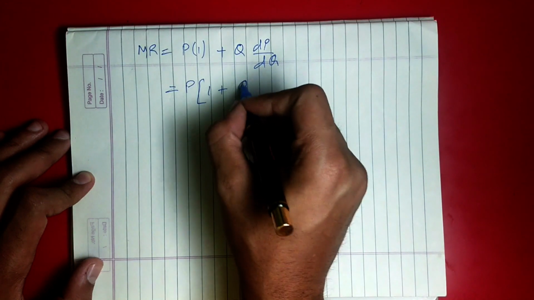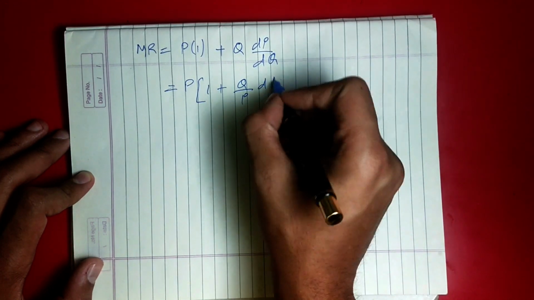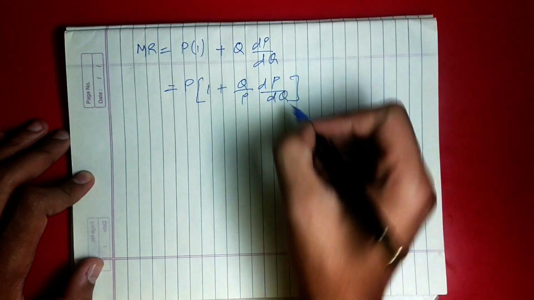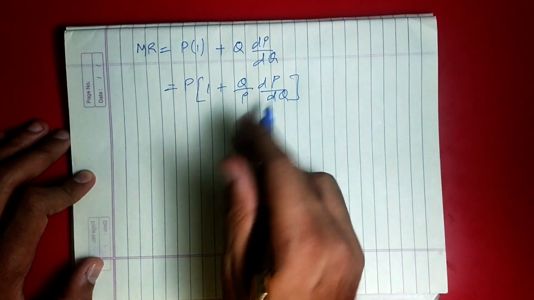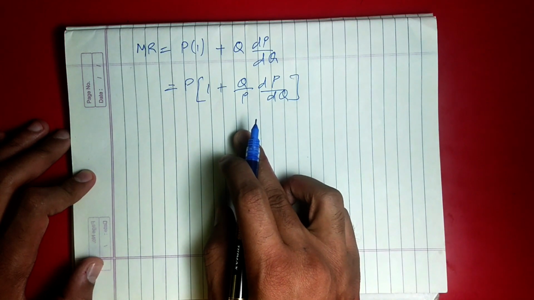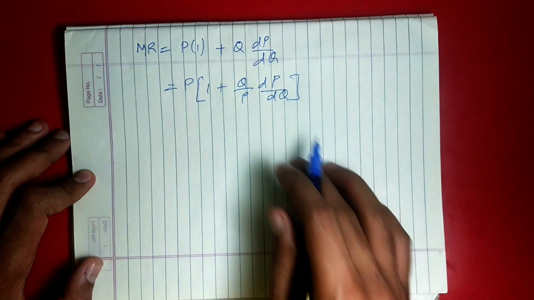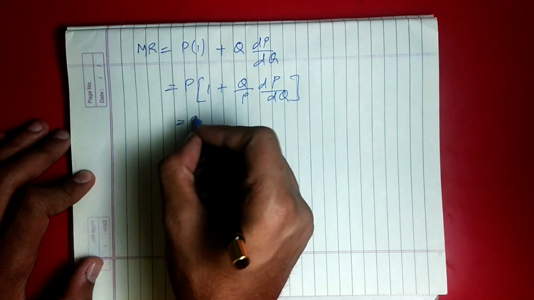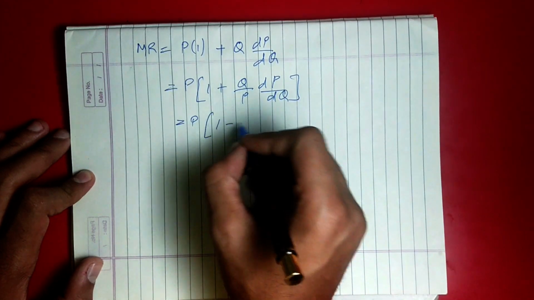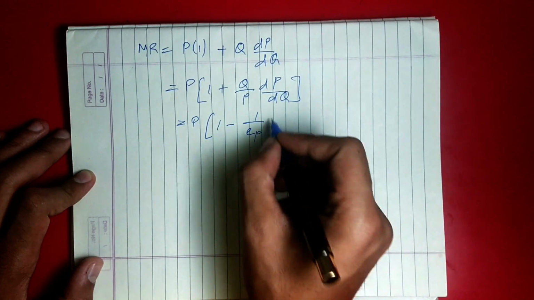So what will be inside is 1 plus Q/P into dP by dQ. Now you must have seen this somewhere. This is just the inverse of elasticity of demand with respect to price, so it is just the reciprocal of it. So what you can write is MR = P(1 minus 1/EP).